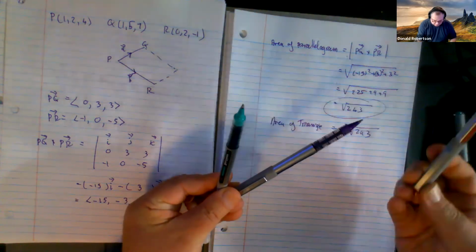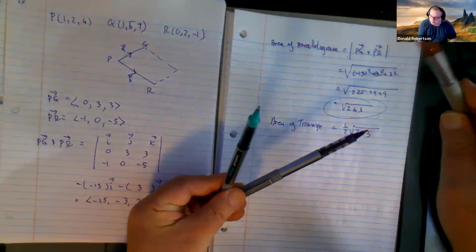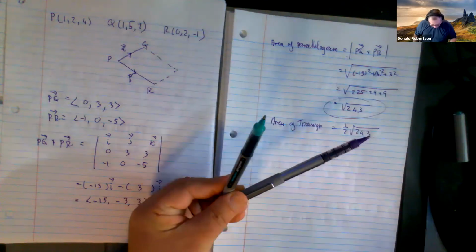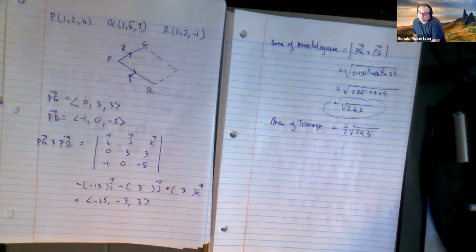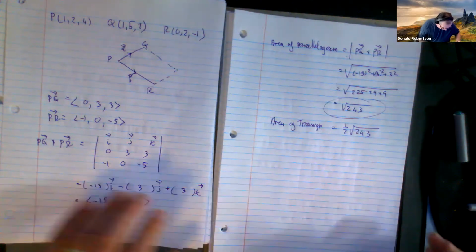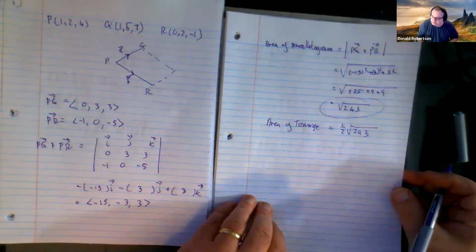I don't have enough hands. I could also tell you the area of the parallelogram it would make. And both of those are dependent on the magnitude of the cross product. Are we good?